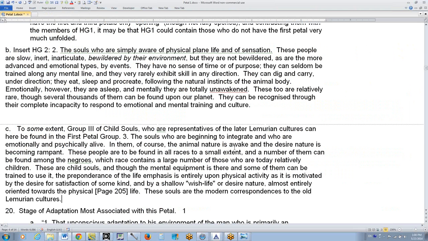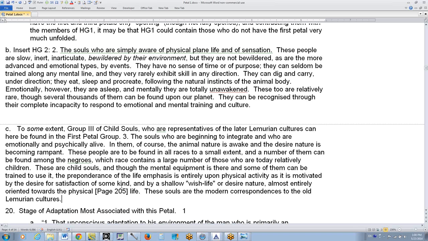In them, of course, the animal nature is awake, and the desire nature is becoming rampant, and these people are to be found in all races to a small extent, and a number of them can be found among the Negroes, which race contains a large number of those who are today relatively, it says, children.